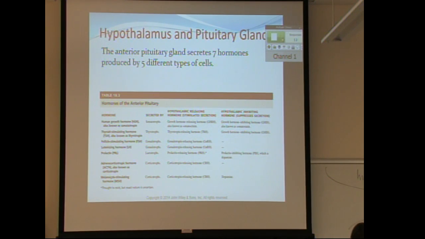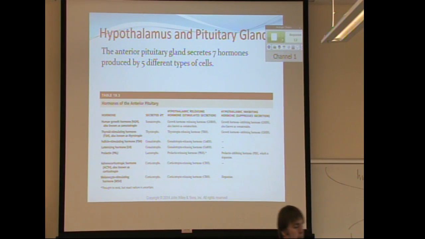I better fix it. So that table has all the information you need. So you look at it in your book, look at that one. So think about what's made where.